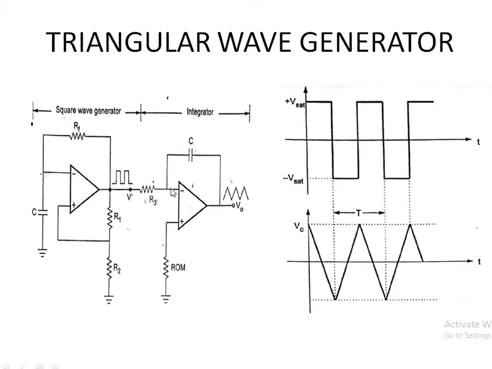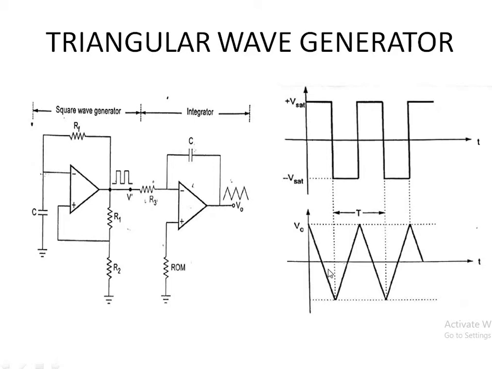We can also explain this another way: due to the positive current, and as the capacitor is connected to the negative terminal, a discharge of the capacitor takes place. Here you can see the capacitor voltage, or the output voltage, is decreasing.